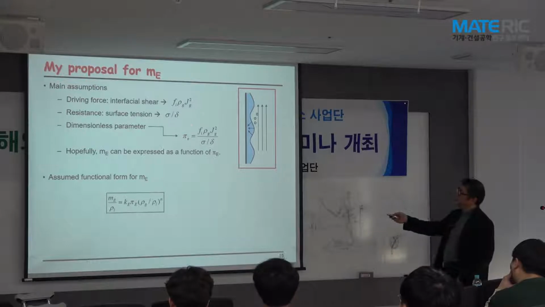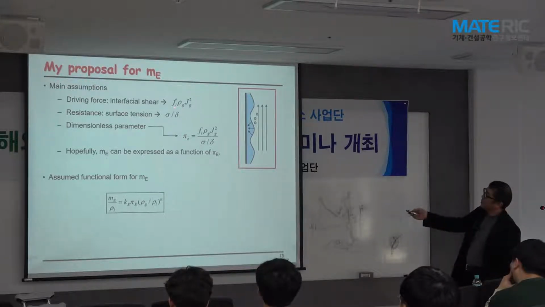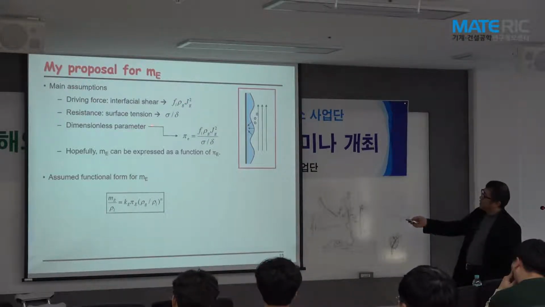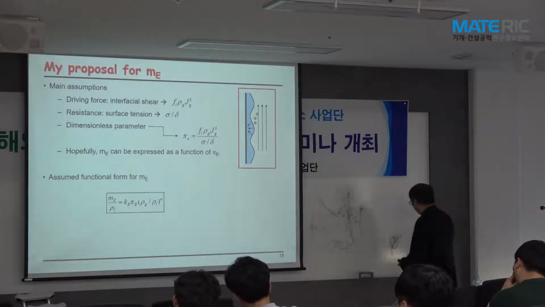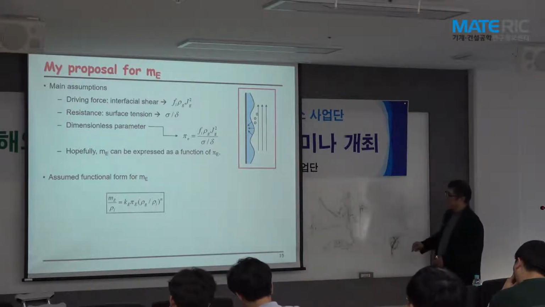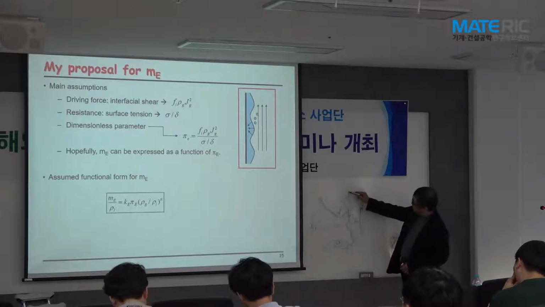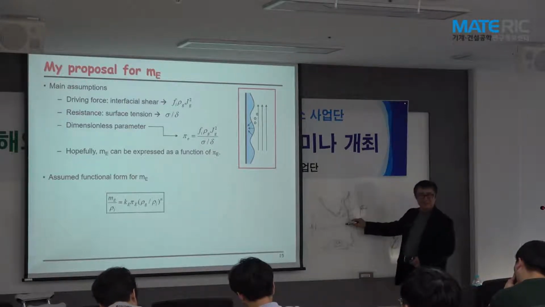The interfacial shear is proportional to the kinetic energy of the gas phase flow. And the surface tension force is of course the surface tension coefficient divided by the curvature of the interface. This is tricky. The liquid film shape is like this.